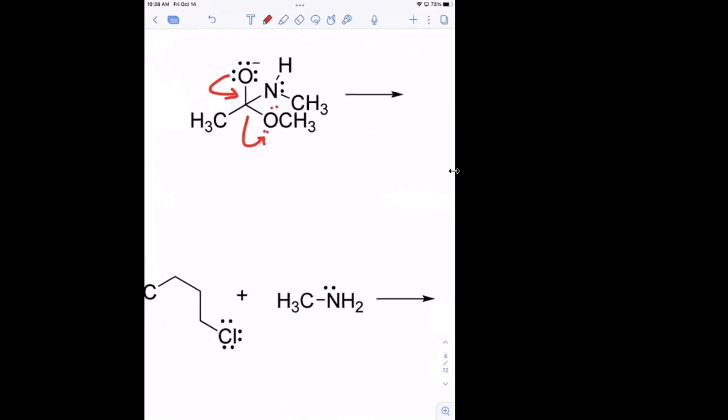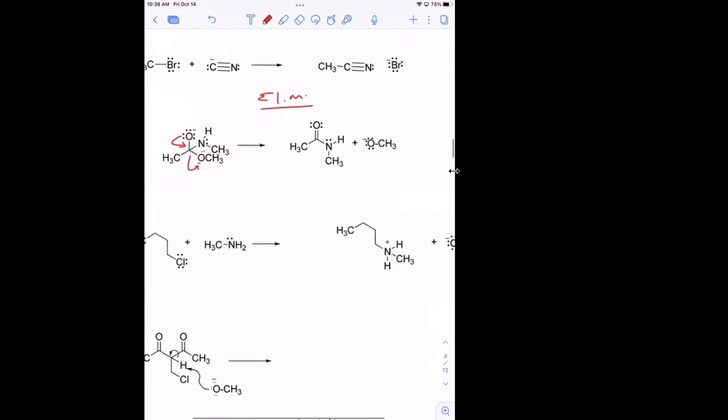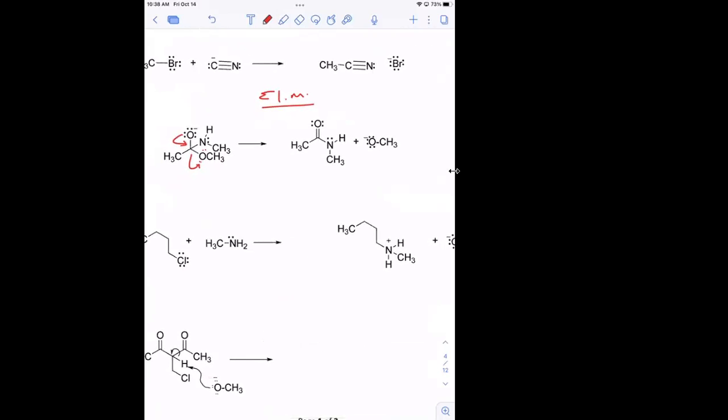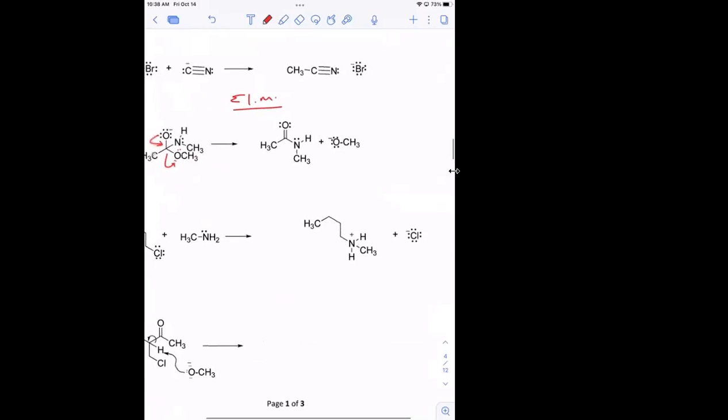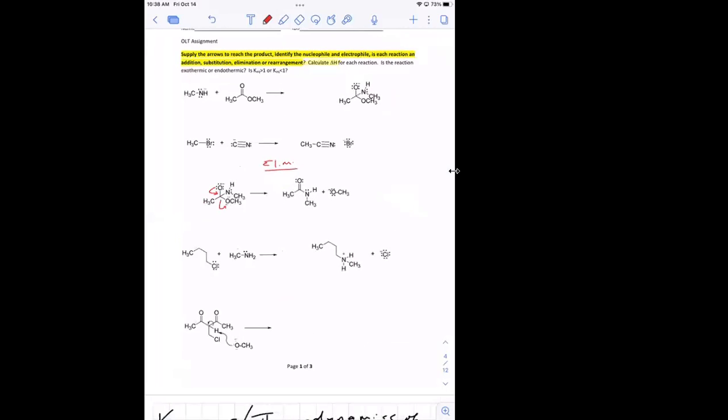Is that right? All right. I agree with that. And that's really, if you take the first reaction you did and that one and put them together, overall, it's a type of addition followed by elimination.